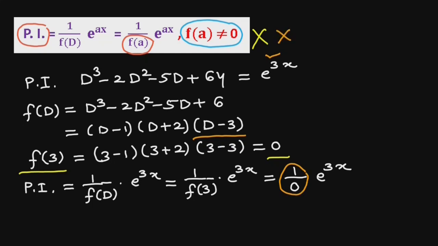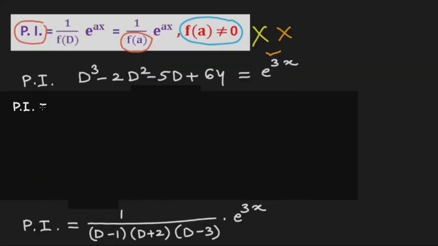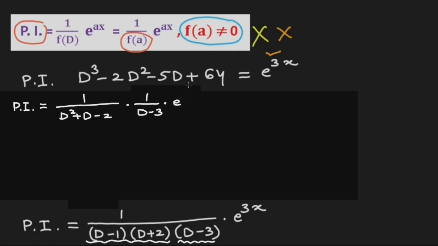So what we do is we write the particular integral equals 1 upon (D minus 1) into (D plus 2) into (D minus 3) e raised to 3x. This will be 1 upon (D square plus D minus 2) for these two factors, into 1 upon (D minus 3) applying on e raised to 3x.